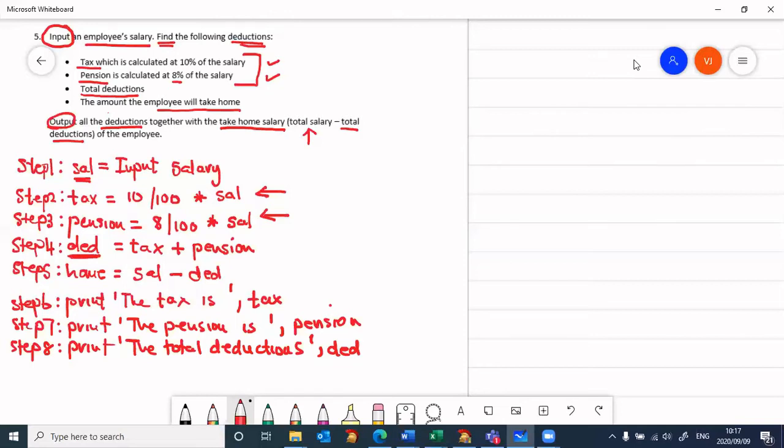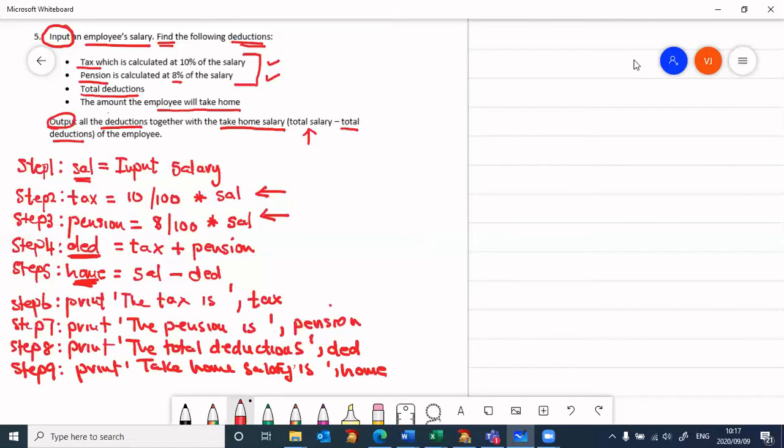And finally, I need to output the take-home salary. That's step 9. I'm going to say print take-home salary. Take-home salary is, and the placeholder is home.